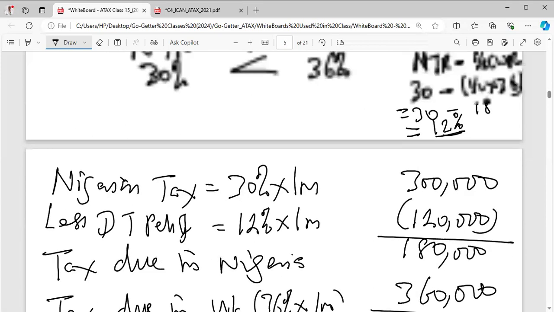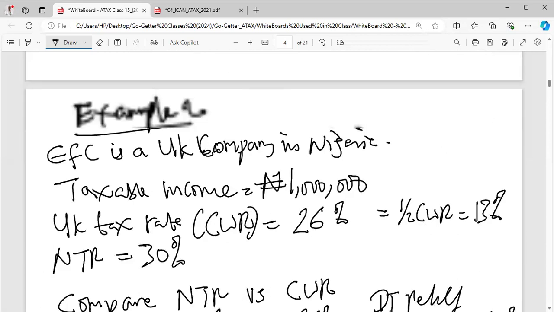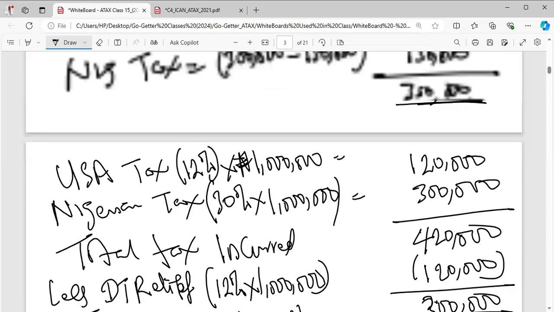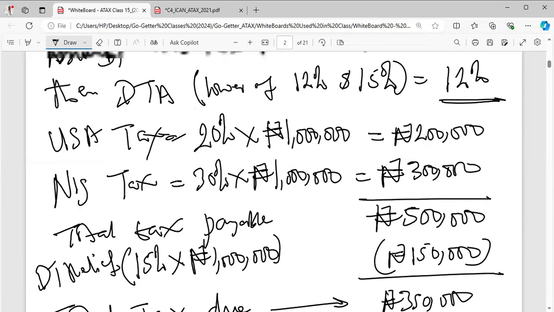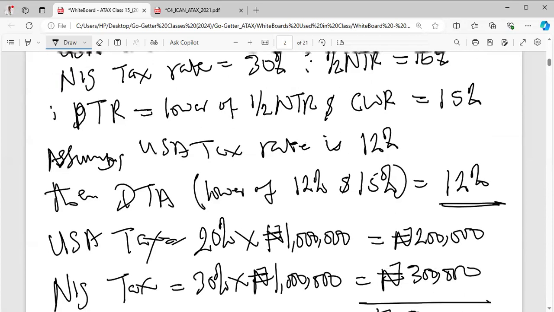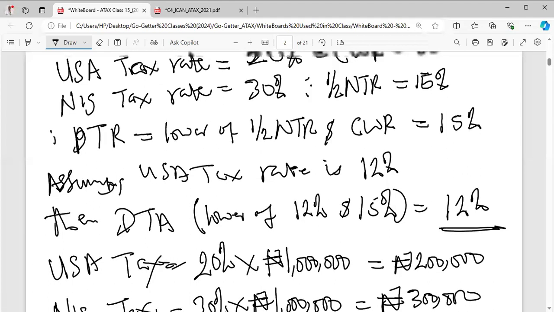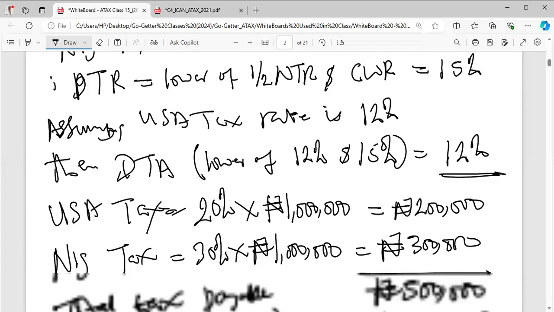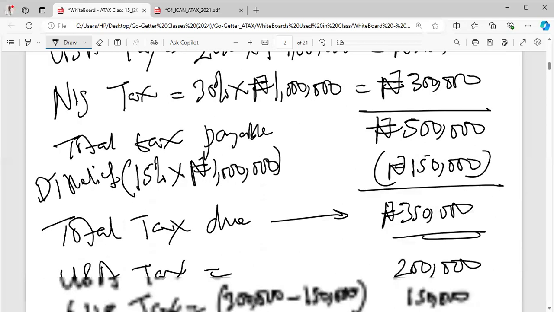Now, comparing this with a Nigerian company, the Nigerian rate is 30, the CW is 20. When the foreign rate of tax is lower than Nigerian tax, it is even paying higher.